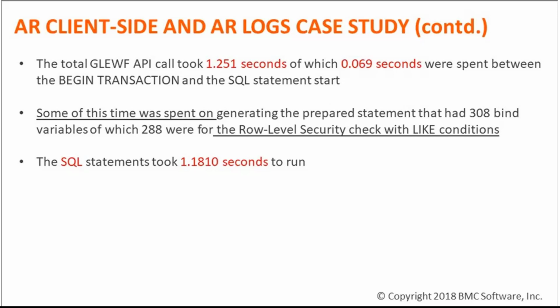Some of these users had access to multiple companies and support groups spanning multiple companies. So in their case, their SQL statements were huge, and 288 checks were being performed to see if a row had the permission to be viewed by this particular user. And again, the SQL took 1.18 seconds to run.